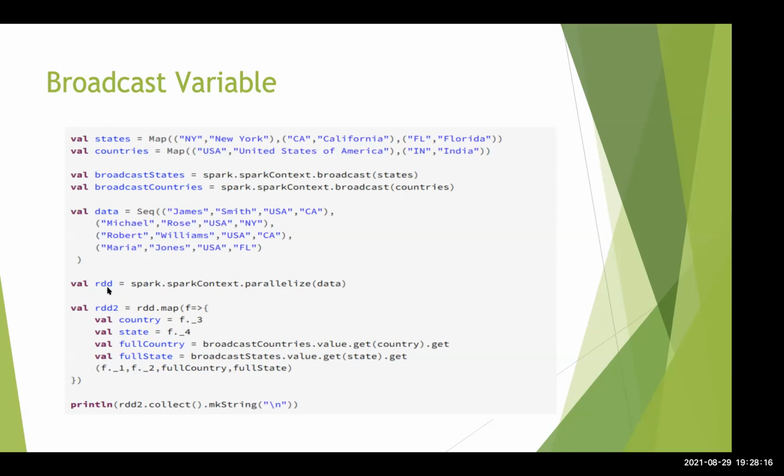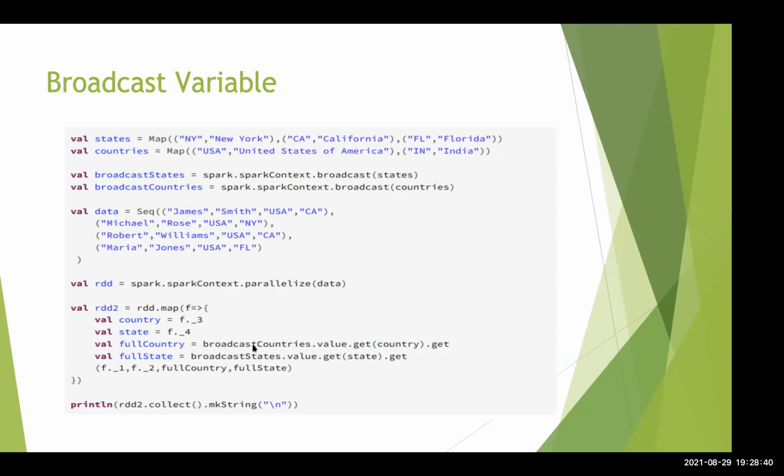So I have created an RDD, or data frame, whatever. Now I'm doing a map operation over this. This RDD contains first name, last name, country and state. For each of these records, I get the third field, which is country, and the fourth field, which is state.